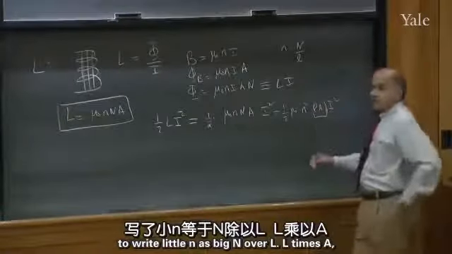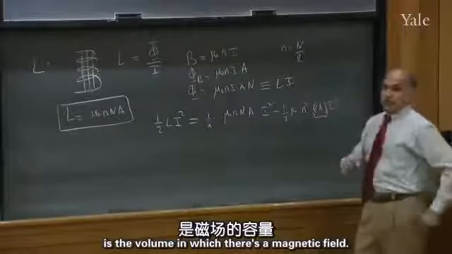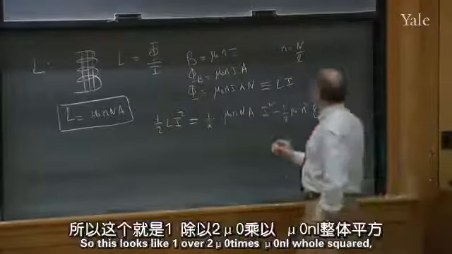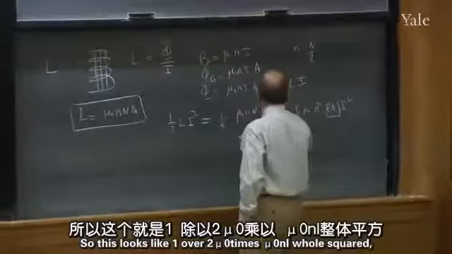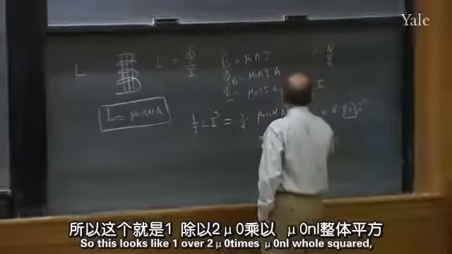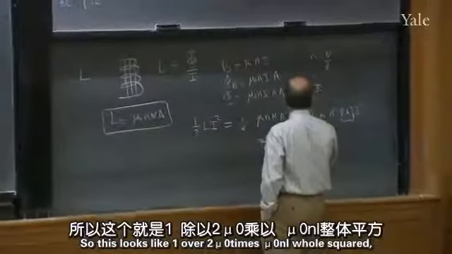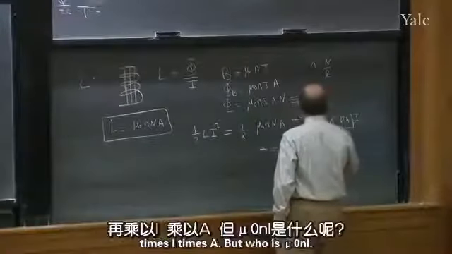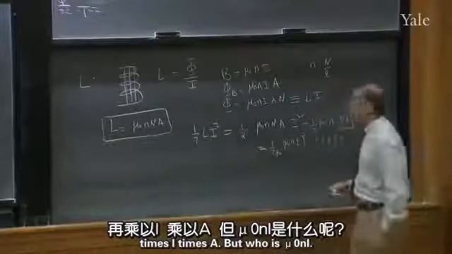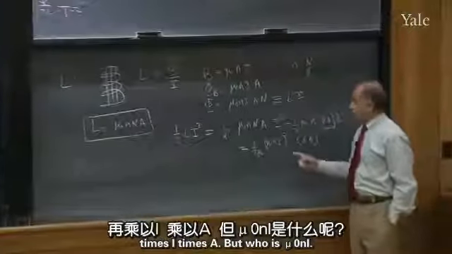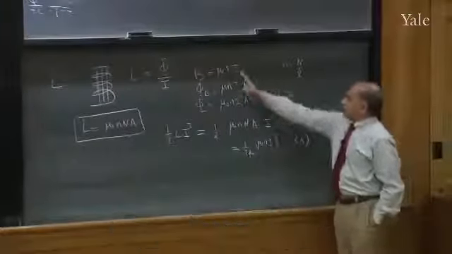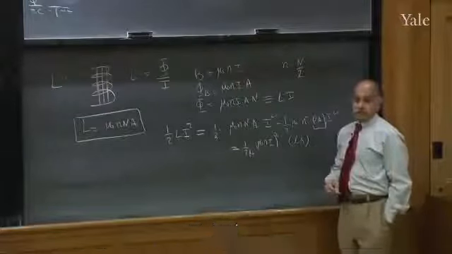L times A is the volume in which there is a magnetic field. So this looks like 1 over 2 mu 0 times (mu 0 n I) whole squared times L times A. But who is mu 0 n I? Mu 0 n I is the magnetic field.